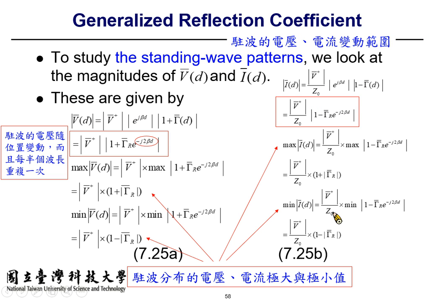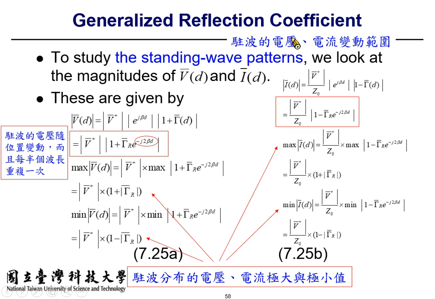And the next thing we would like to examine is the change of the VD signal. Okay, and we know it's a standing wave. It shall exhibit a standing wave pattern. Why?